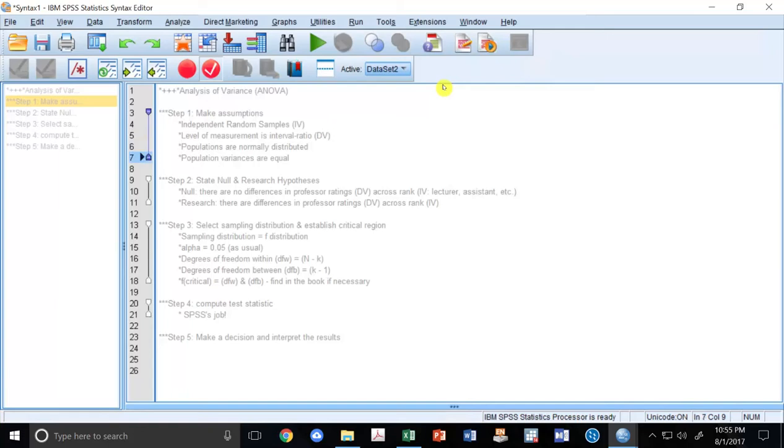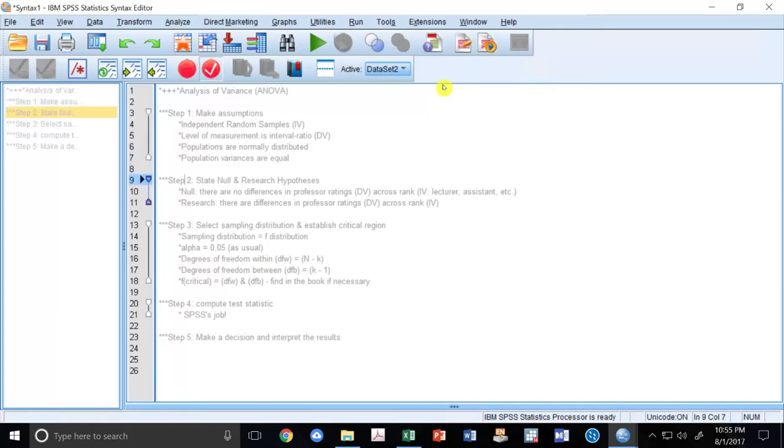And same thing with this other one here, population variances are equal. What that means is that the variances between those populations, so in the soccer player, football, basketball example, the variability within those groups is equal across those groups.